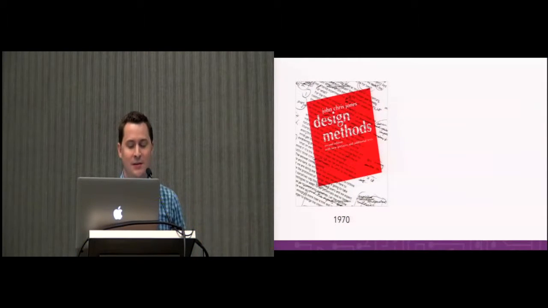So John Chris Jones is seen as an early touchstone for the design methods movement in the late 1960s and early 1970s. And this later edition of the book that was originally released in 1970 provides an early account of the range of methods that designers use and how these methods can be seen to support creative production.